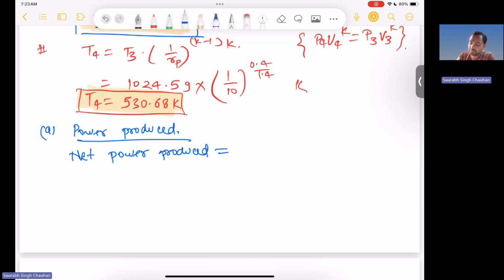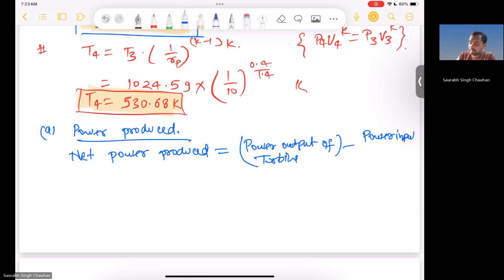So net power produced will be power output of turbine minus power input to the compressor. Correct. So we need these two values.